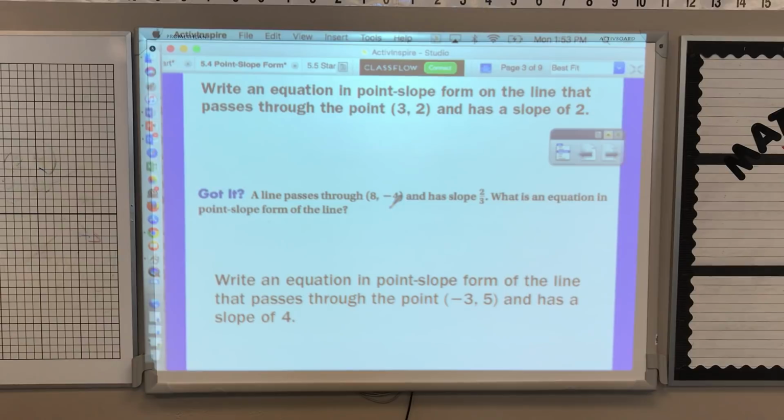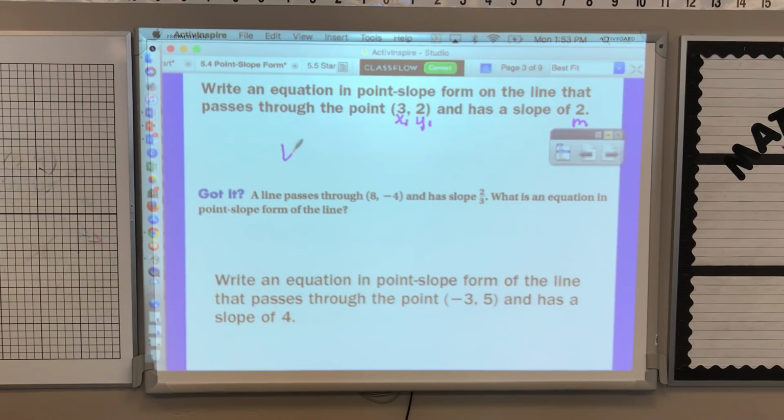Okay, I want to write an equation in point-slope form for a line that passes through the point 3, 2, and has a slope of 2. So in this problem, they're giving me x1, y1, and m. Remember the equation form we're going for is y minus y1.